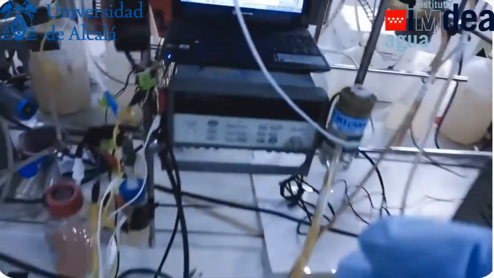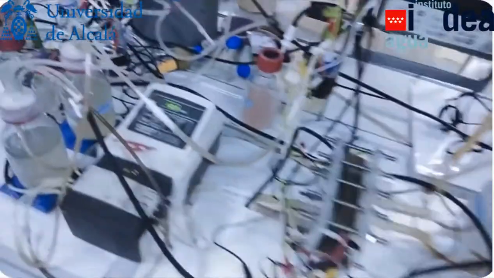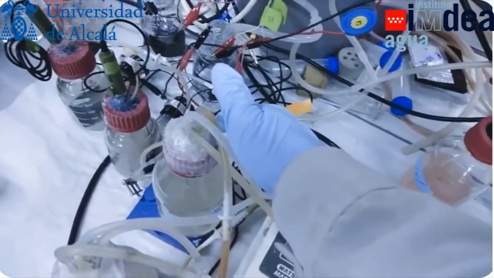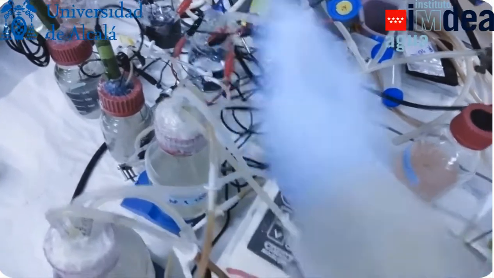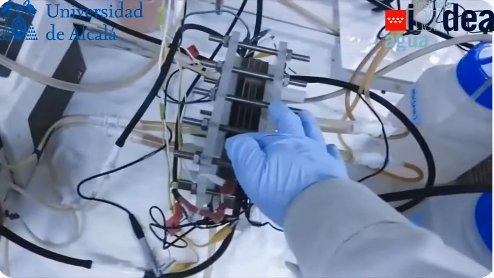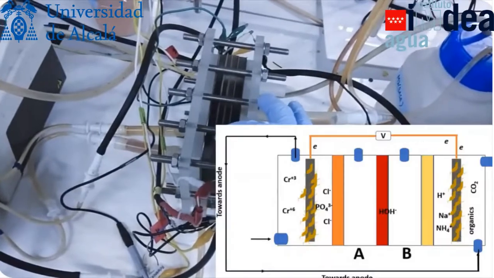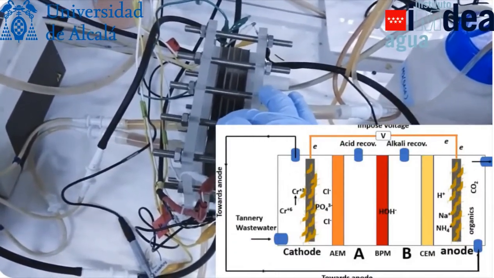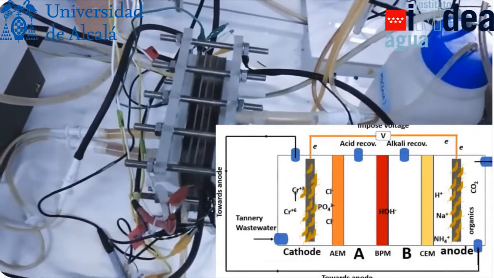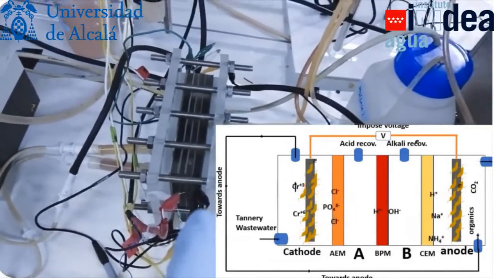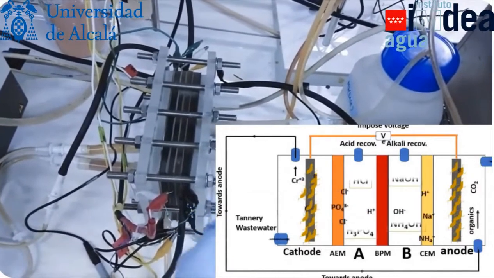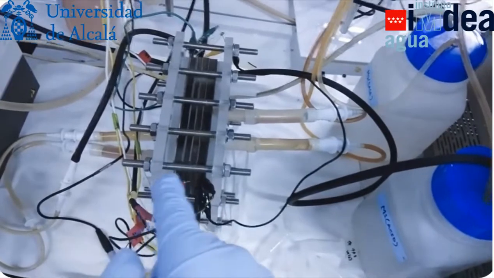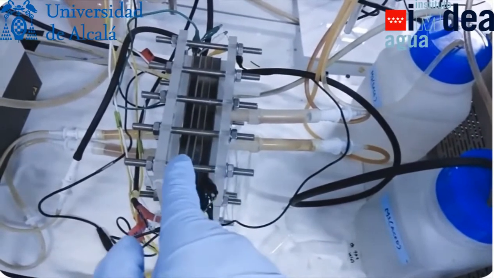As far as the mechanism of this entire system is concerned, initially the wastewater, the tannery wastewater, comes from this holding tank through this peristaltic pump to the cathode chamber, where the hexavalent chromium is reduced to chromium 3 or chromium 0 biotypically, and at the same time the anions present in the wastewater, for example Cl- or phosphate anions, migrate from the cathode chamber to chamber A through this anion exchange membrane.